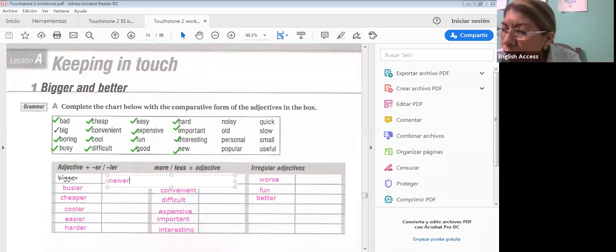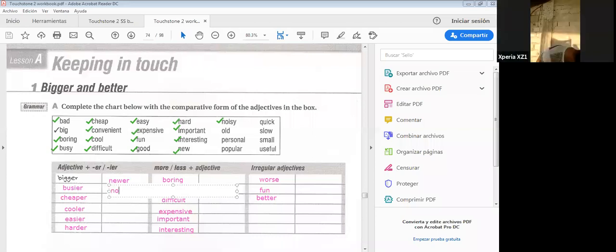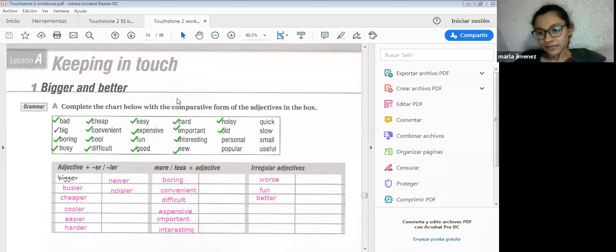Okay, let's see. Who's next? Noisy. Noisier. Okay, then we have old. Older. Yes. Perfect.